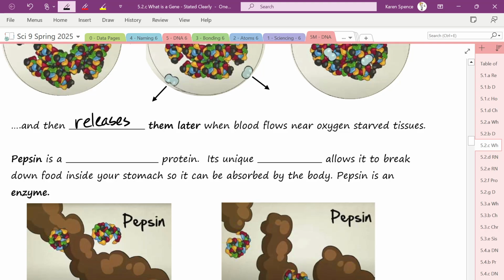Pepsin is a digestive protein. It is an enzyme. It speeds up the breakdown of food.